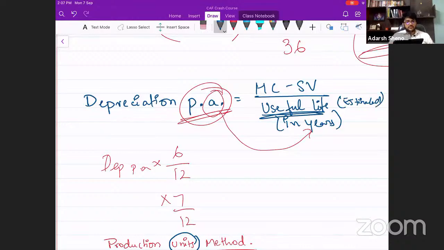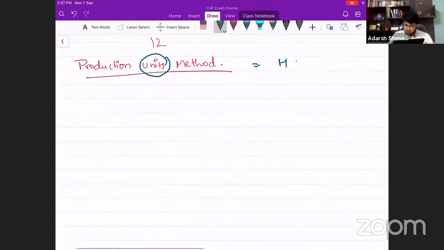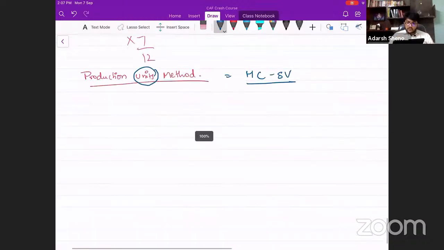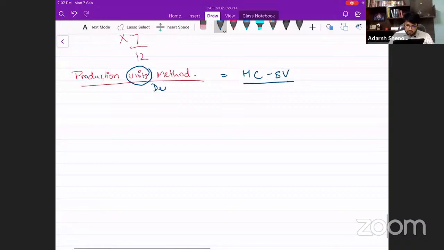Now here also you will put the same formula: historical cost minus scrap value, which is nothing but depreciable value, divided by, this is not per year, because now we're going to calculate the depreciation rate per unit, or depreciation per unit. So divided by estimated total production.